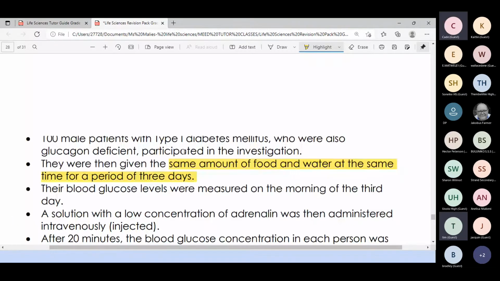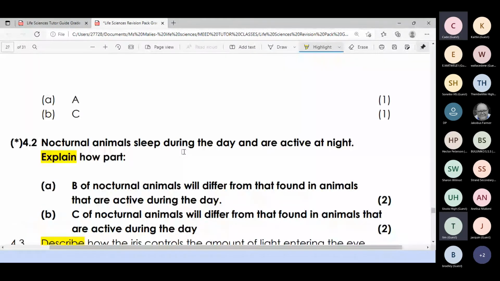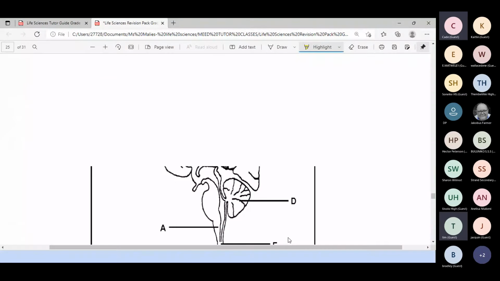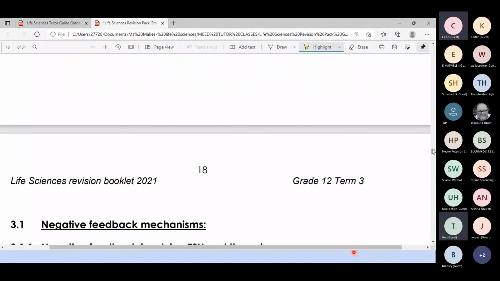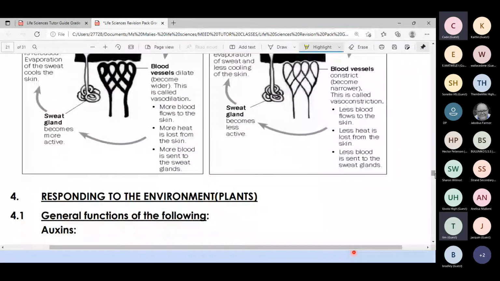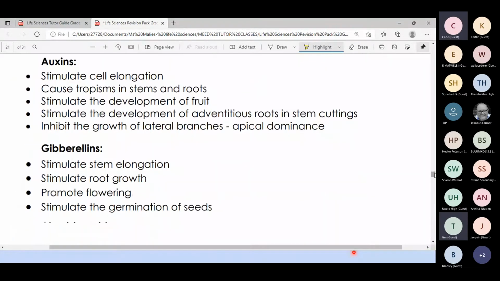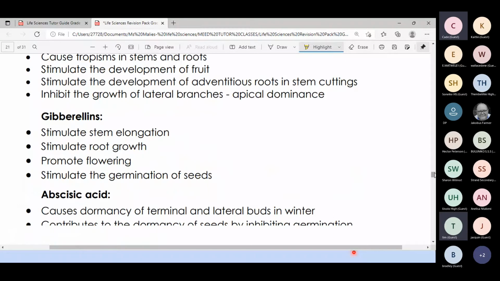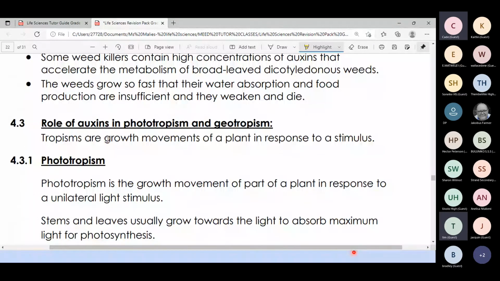In your booklet, I am at this point, page 22. If I say growth movements, I'm here.